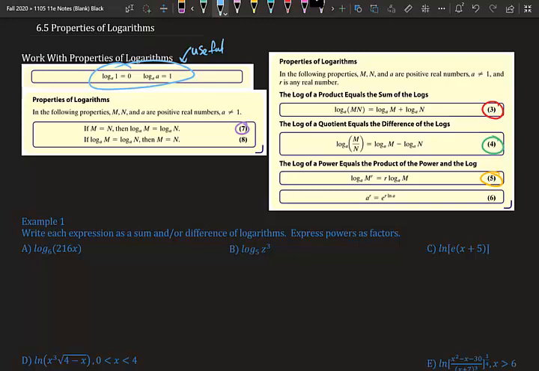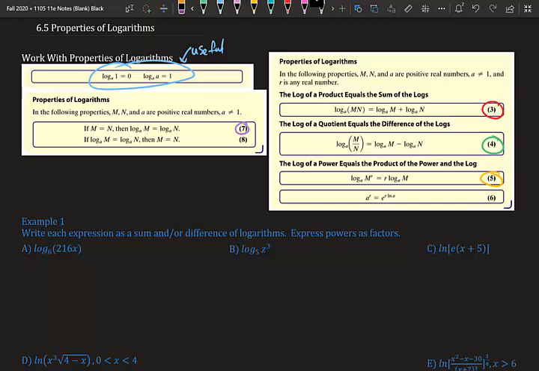So 7 is saying if m equals n, then log a m equals log a n. Did you notice that they're just the same log with the same base? They cancel, and you're just left with the argument. 3 is called the log of a product equals the sum of the logs. So when we're multiplying inside a logarithm, we can split up the argument using addition.